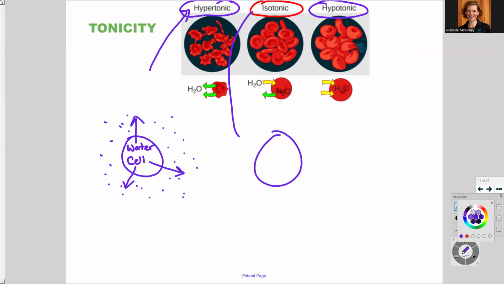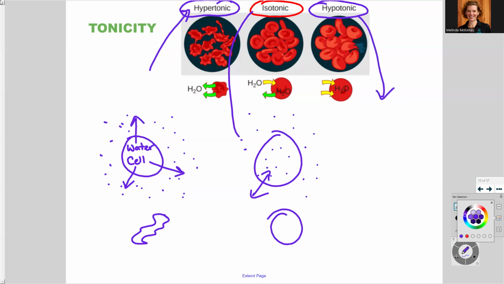Isotonic is where you have equal concentration of solutes inside the cell as you do outside the cell. So water moves in both directions, but it's in balance. So there's no net movement. Okay. So over here on the left, the water moved out. The cell will actually shrink if it's an animal cell. This one's going to be the same size. And then if it's hypotonic, you've got a cell, you've got a few solutes outside, a whole bunch inside. And water is actually going to go into the cell, and then the cell will expand. Okay.